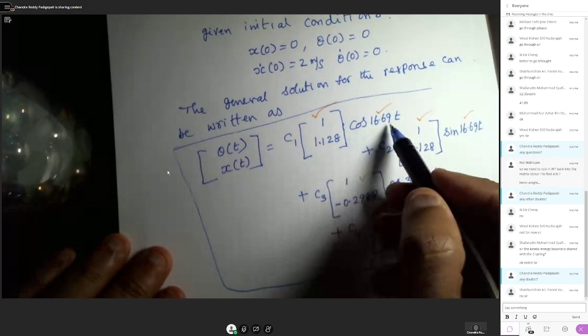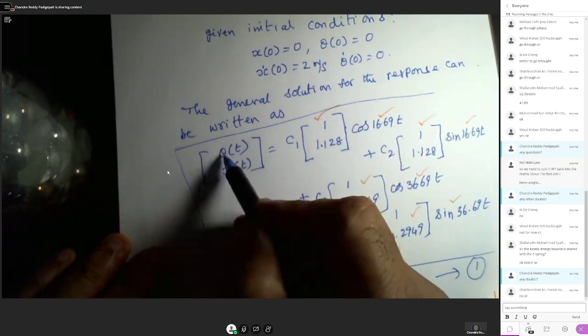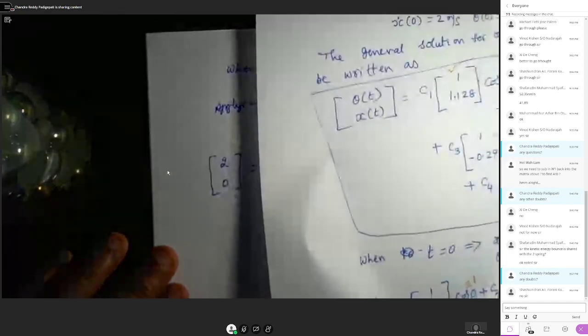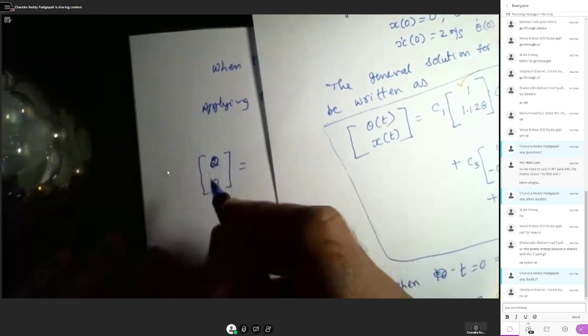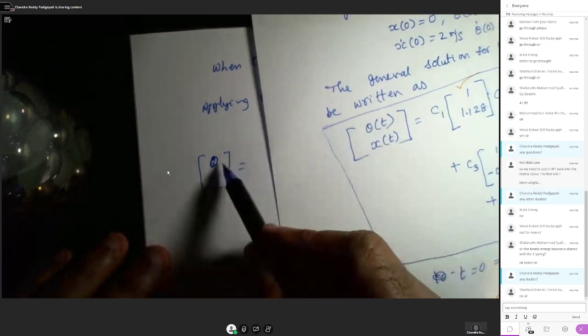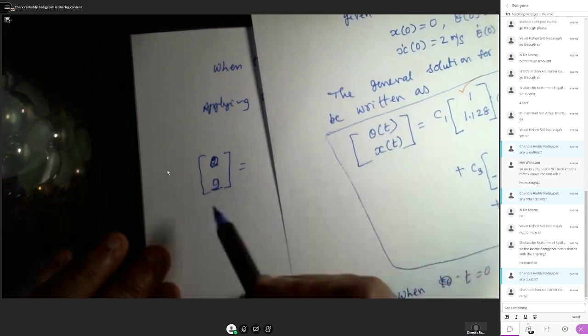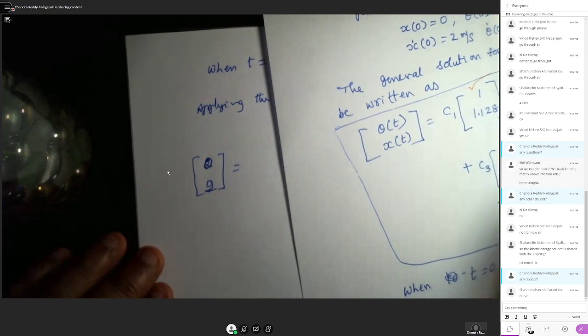So cos omega t differentiation will give you, because you are dealing with theta dot t and x dot t, so I'll use here 0 for theta dot and here 2, because theta dot t is 0 and x dot t is 2. That means I need to differentiate every term in the equation.